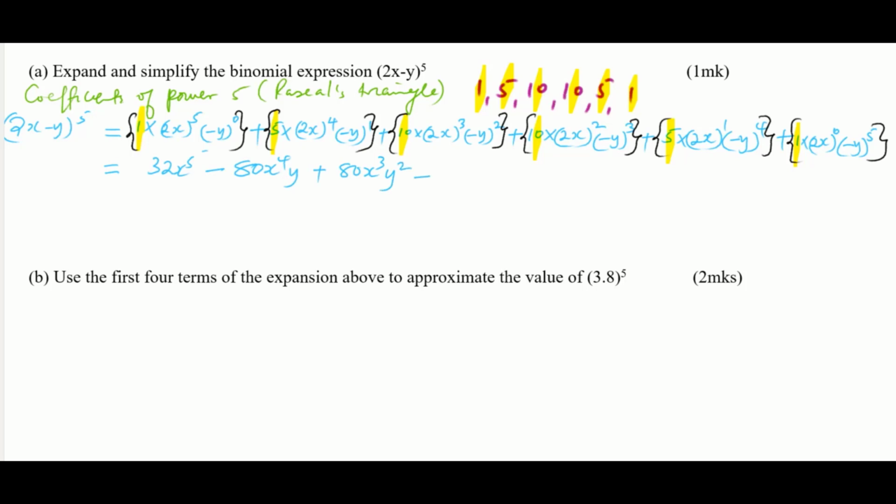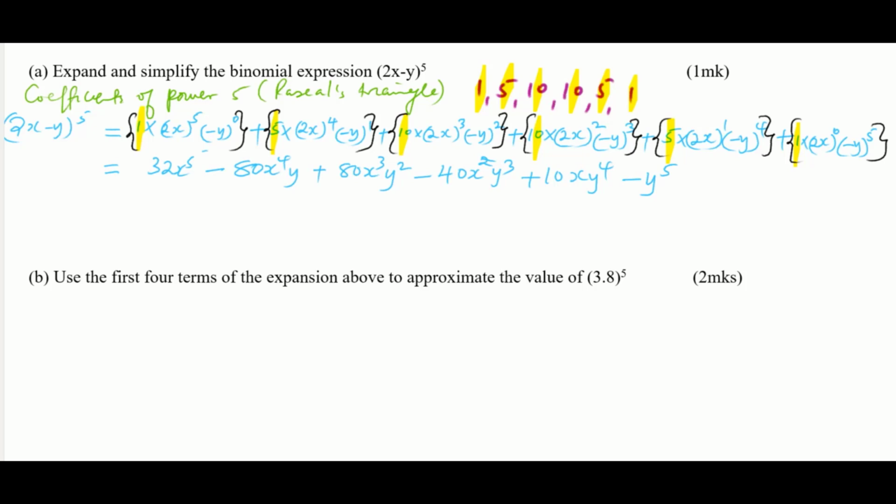Then the next one is 40x squared y cubed. The other one is 10x y raised to power 4. This is positive. And then the last one is y raised to power 5.